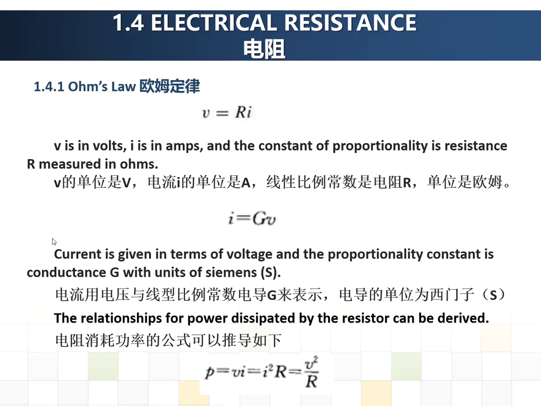Current can also be given in terms of voltage, and the proportionality constant is called conductance G, with units of Siemens.